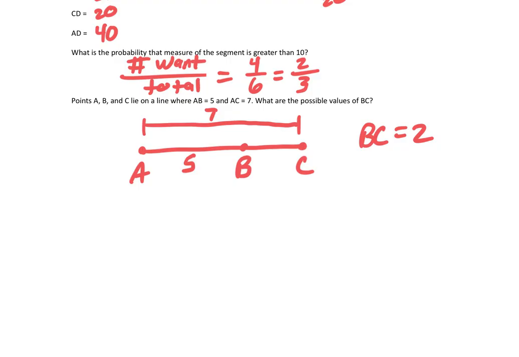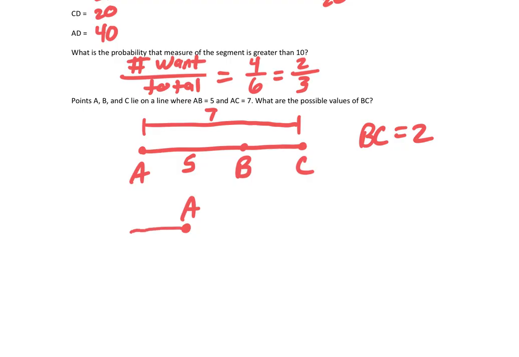Well, if we know that, let's start with AB. The one point that both of these segments share is what? A. Okay? So here's another way I could draw this picture. Let's put A in the middle.